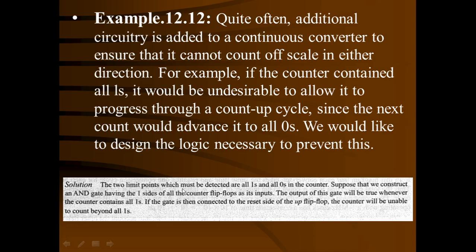The two limit points which must be detected are all ones and all zeros in the counter. Suppose that we construct the AND gate having the one side or true side of the counter flip-flops as inputs. The output of this gate will be true whenever the counter contains all ones. That means the counter is preset.